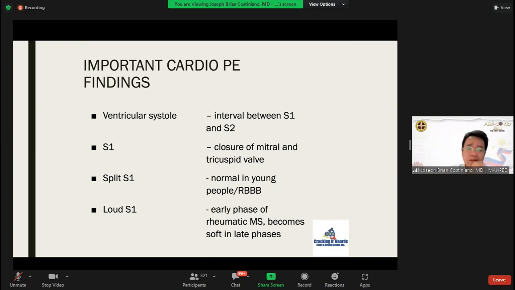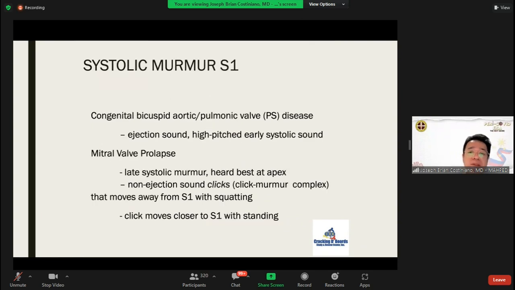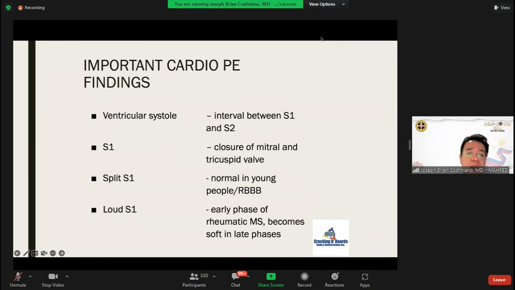Splitting of S1 normally occurs in young people, no? Or in cases of RBBB. Meanwhile, your loud S1 is usually seen in early phases of rheumatic mitral stenosis.